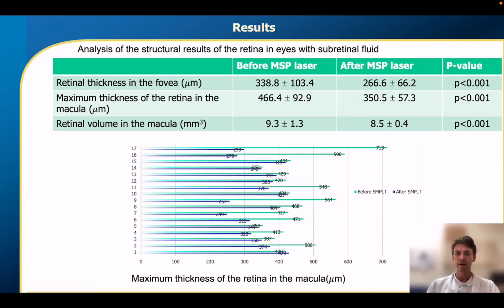In this group of patients, no response to therapy was observed only in the first case from the presented graphic. In the remaining cases, the improvement was significant.